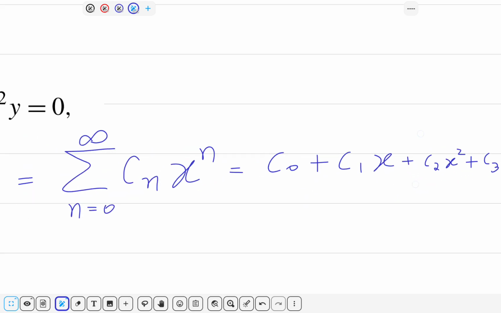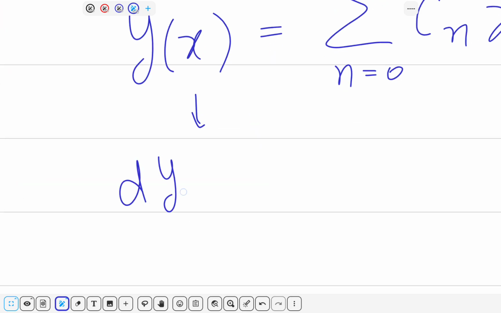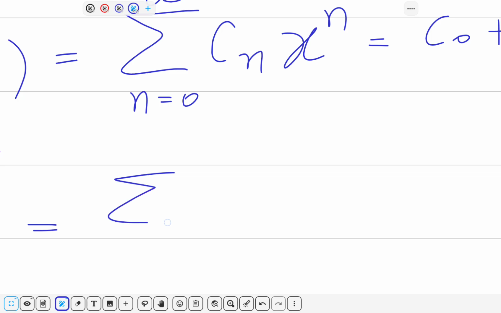That's what this means. And if I differentiate this once, what happens is something like this.